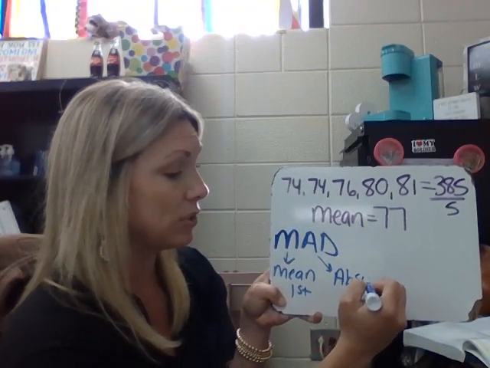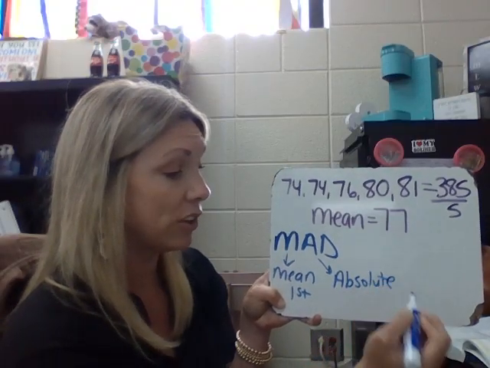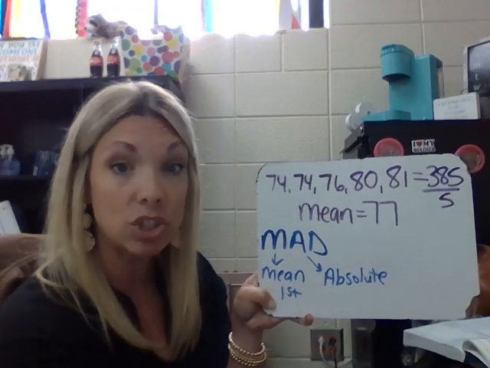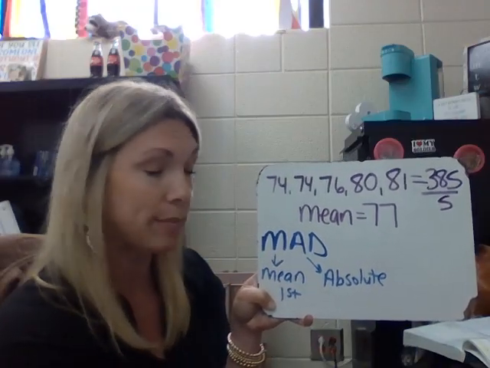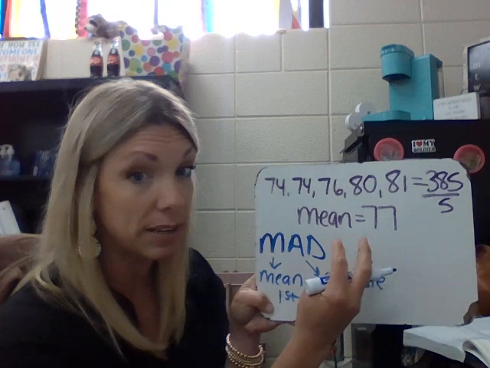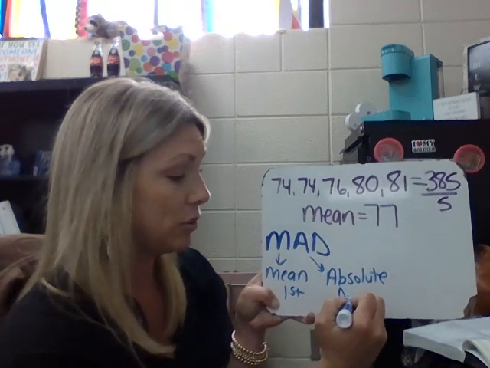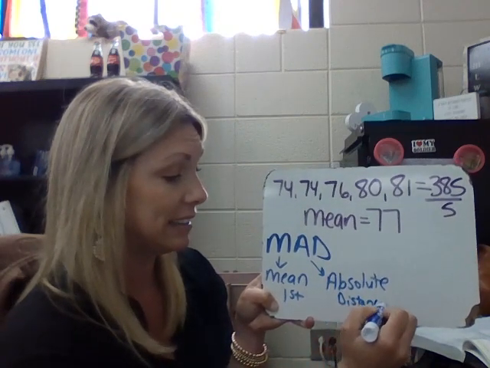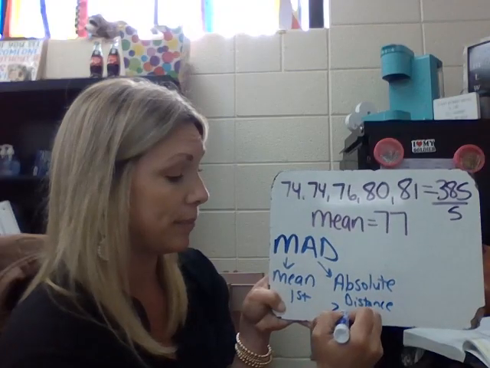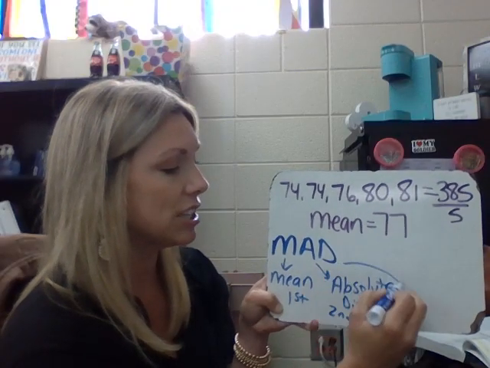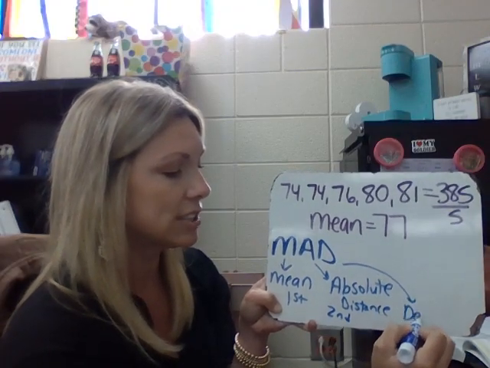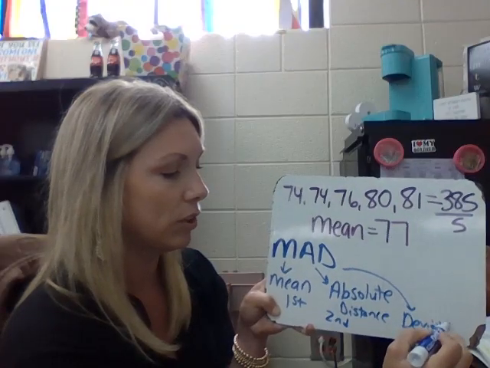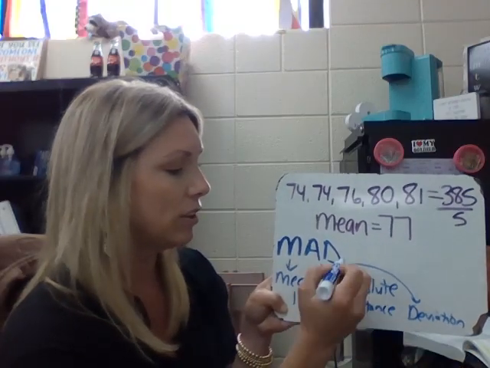The word absolute, if you remember from absolute value, is distance. It measures the distance from 0. Absolute is never negative. It's not going to be negative here either. So absolute means distance, and that's your second step. The word deviation is last. That just kind of means to stray away from the middle, or to stray away from your path. We don't need to know that.